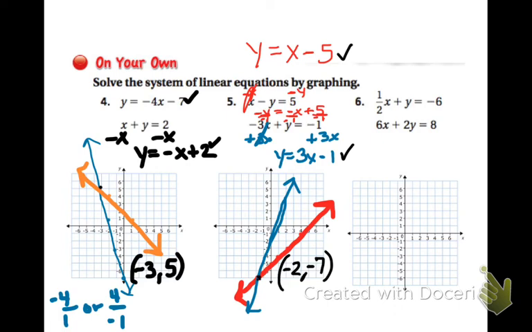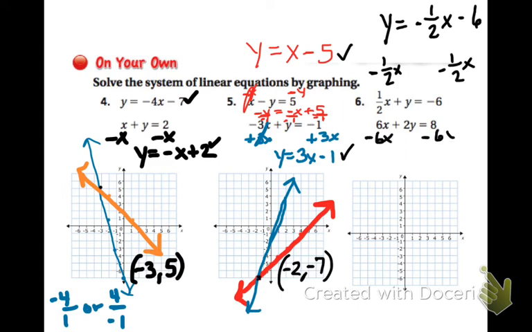All right. In number 6, if I subtract 1/2 of x from both sides, this would become y is equal to -1/2 x minus 6, all right? Looking at the second equation to put it in slope-intercept form, I subtract 6x on both sides.